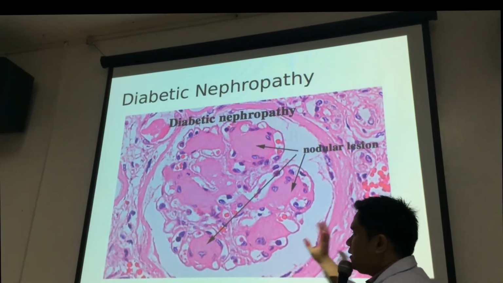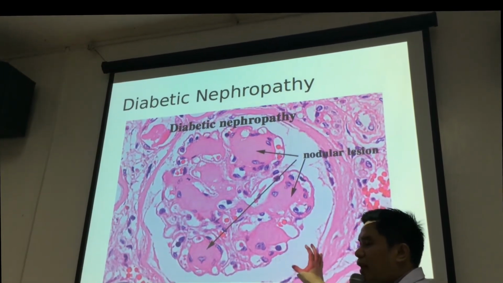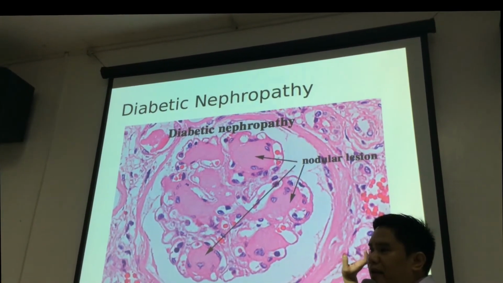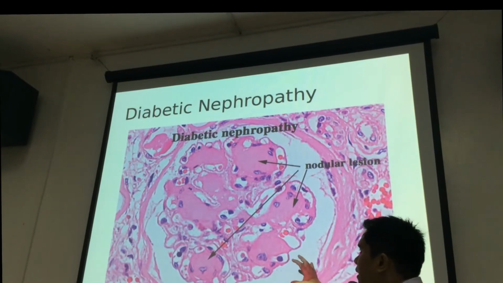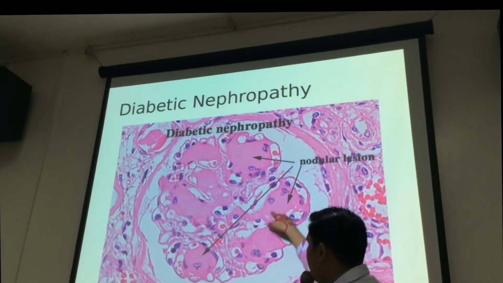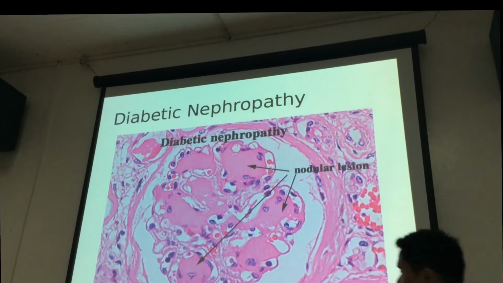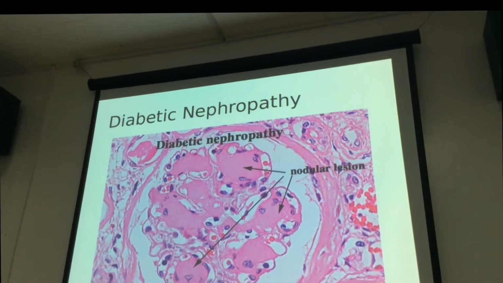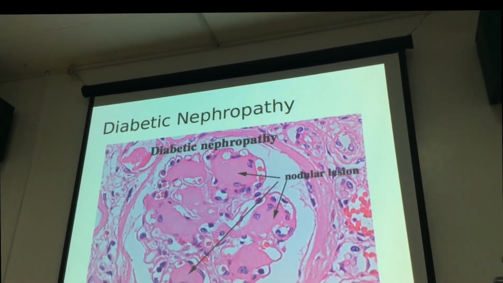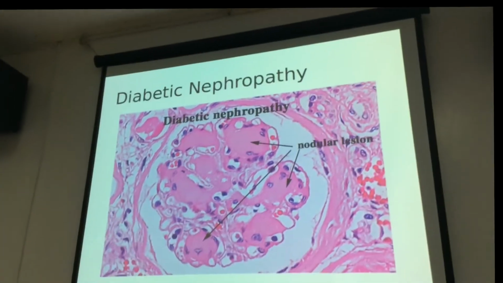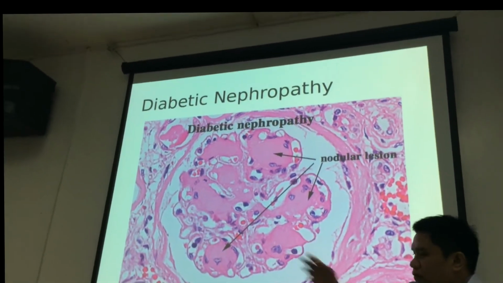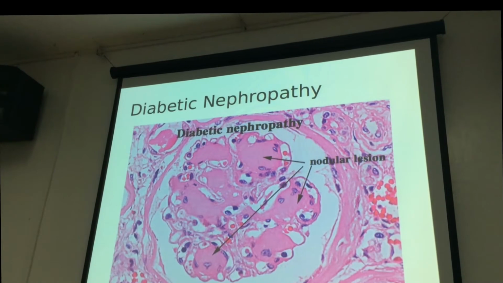So this condition is focal, meaning to say not all the glomeruli in the damaged kidney are involved, and it's segmental. There are only portions wherein nodular formation is observed. These are actually walls of your blood vessels, or your capillary blood vessels.